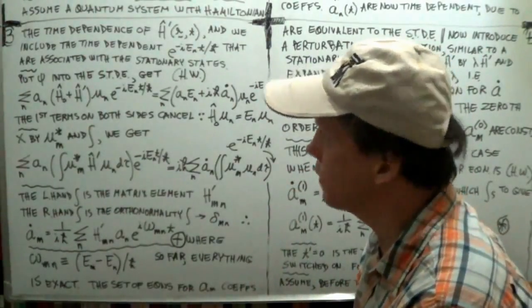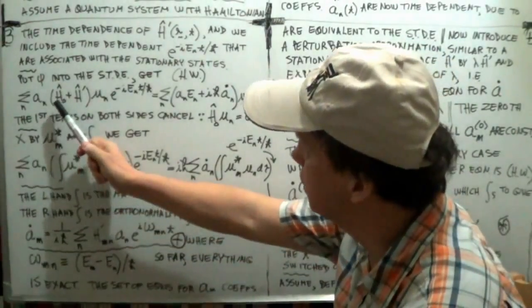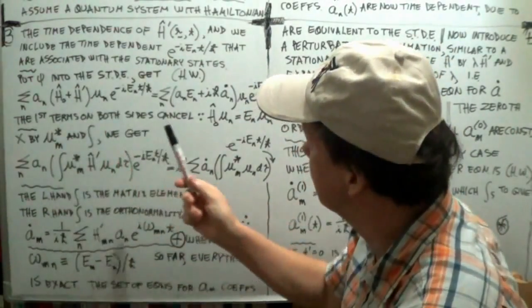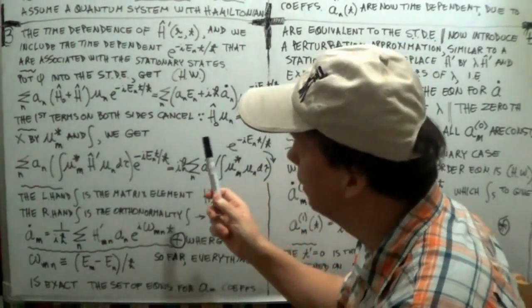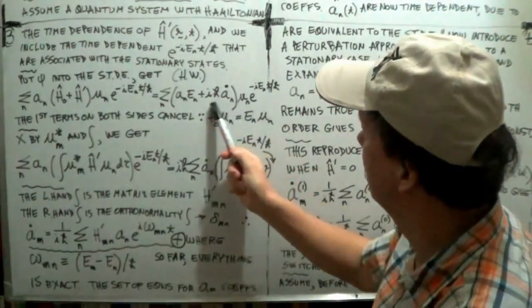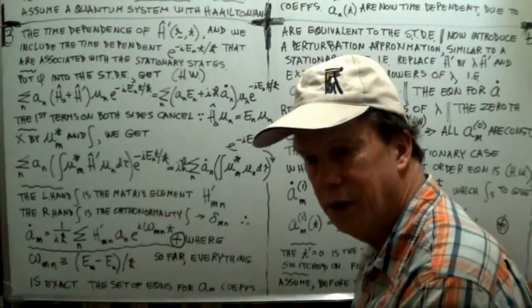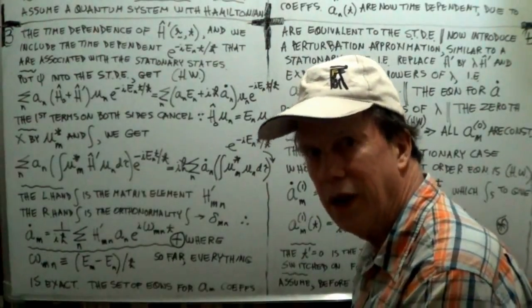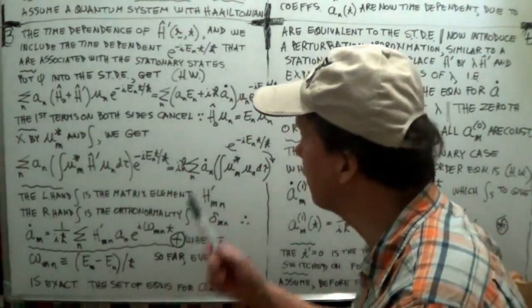Now we can simplify things a bit. Notice that H0 un is the same thing as En un. Why is that? Because it's the eigen equation for stationary states, the unperturbed, time-independent part of the Hamiltonian.